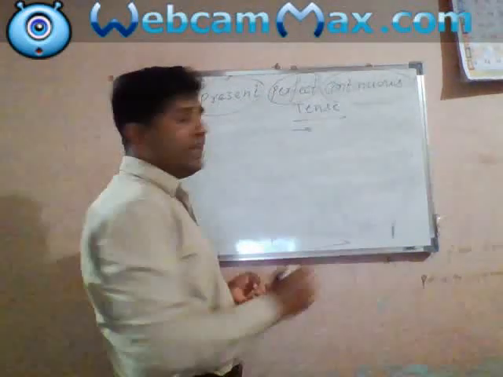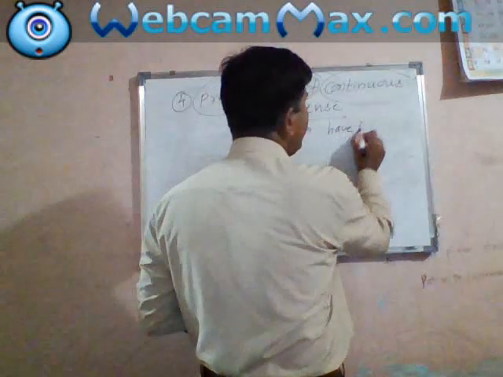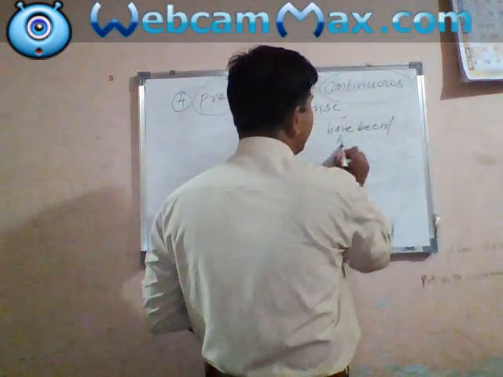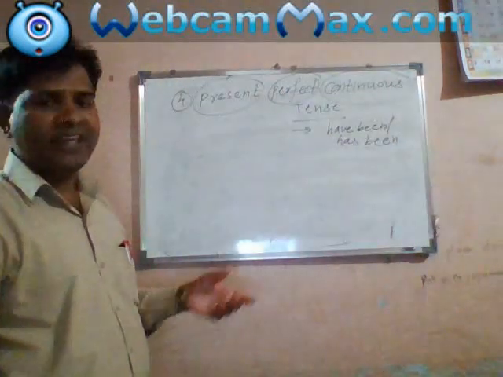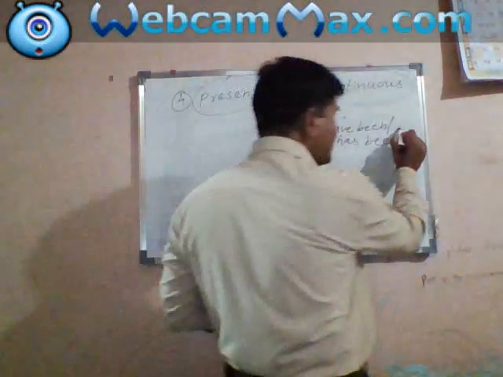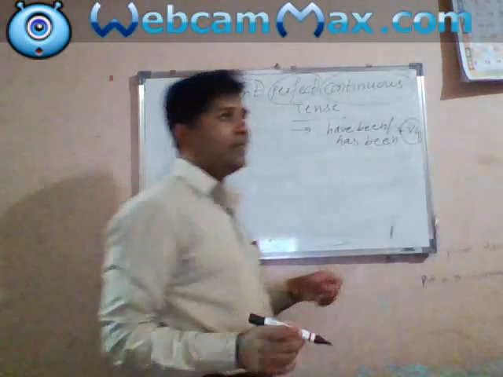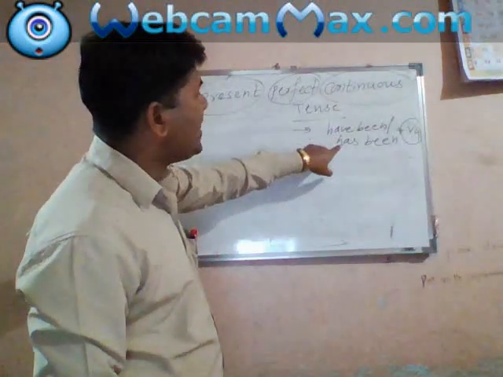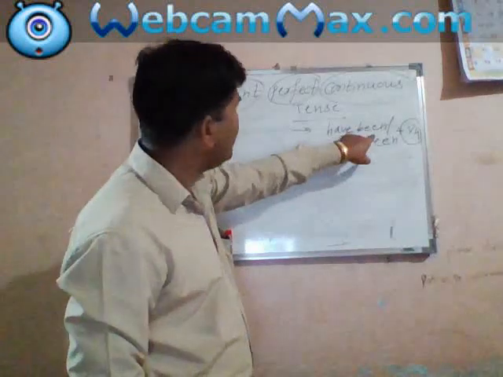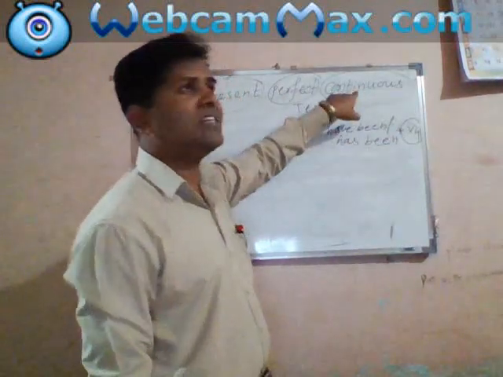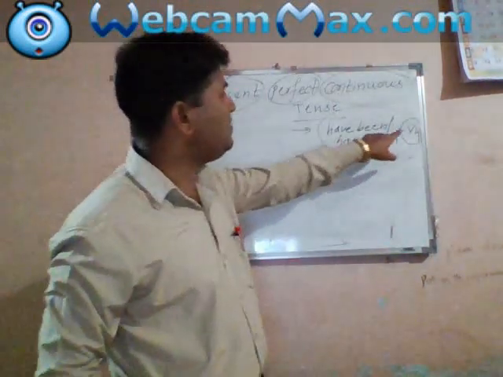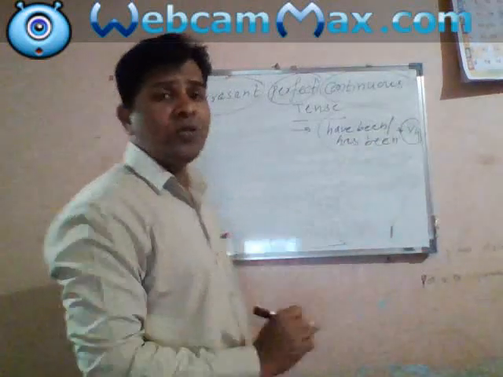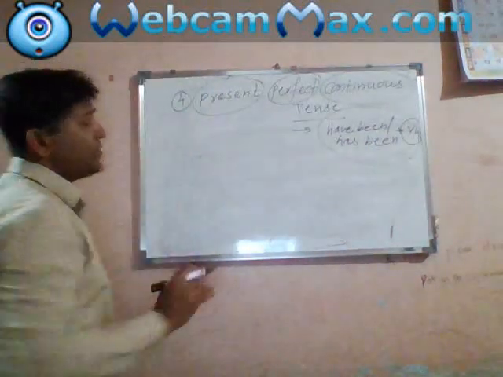You see here, the indicative forms are have been and has been, plus V4. Here have and has are present, been is perfect, and V4 is continuous. So that is have been, has been plus V4. Now when do we use present perfect continuous tense?